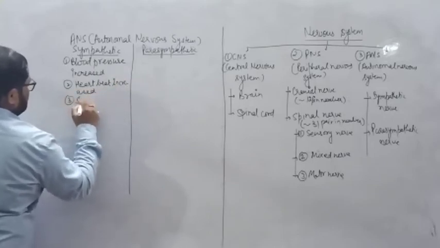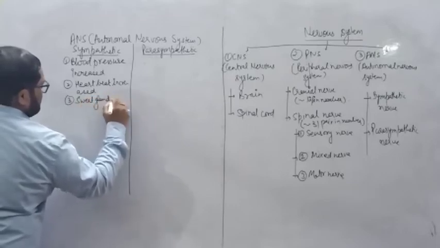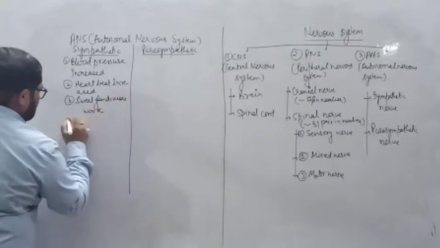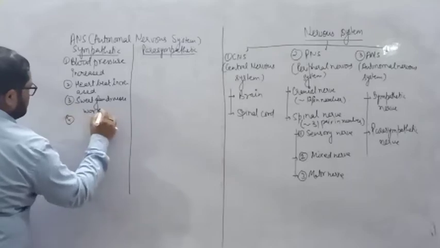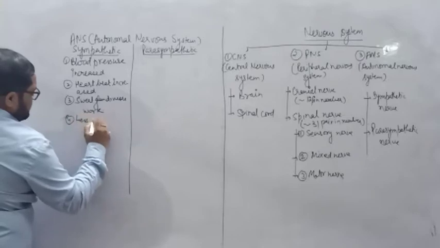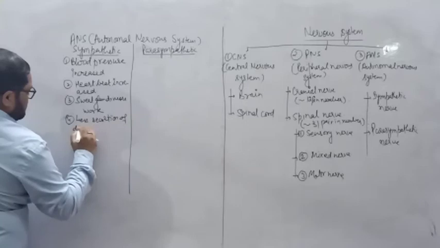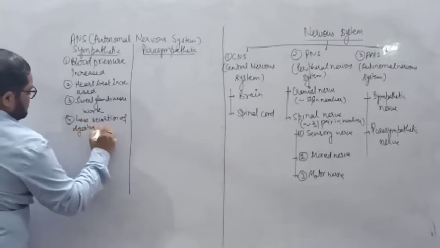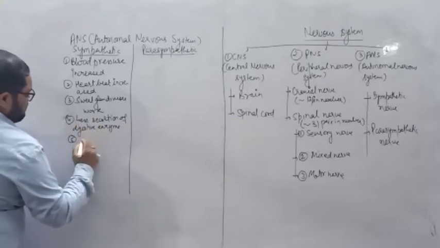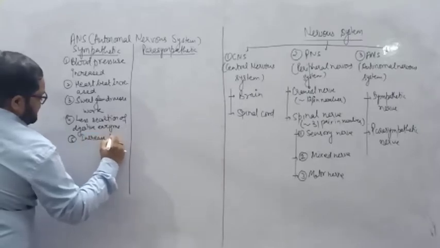Third, sweat gland does more work. Fourth, less secretion of digestive enzyme. Then, increase in size of pupil.